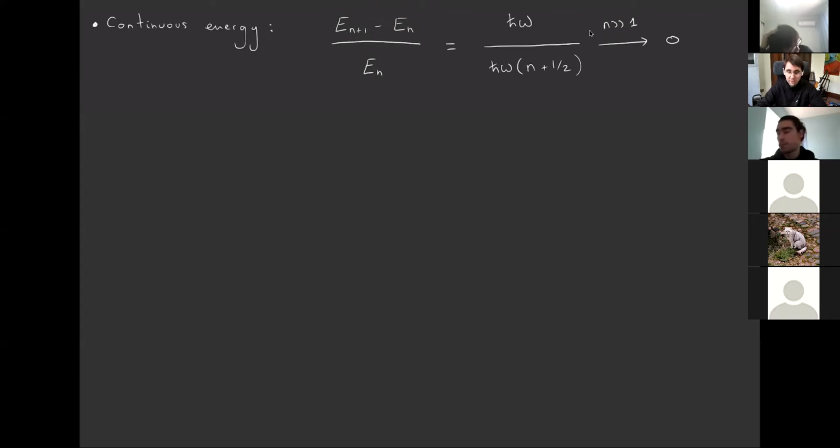And this is precisely what happens for coherent states. So let me phrase this exactly.